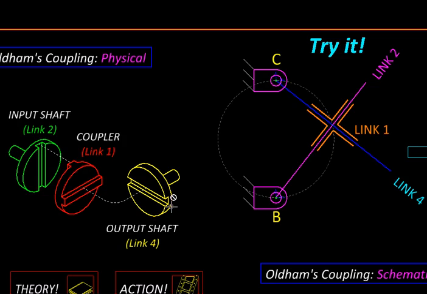Okay, so there is a slot here and there is a slot here. Link 1, which is this red disc now, has a mating projection that engages in these slots, and you can notice these 2 projections are at right angle to each other.